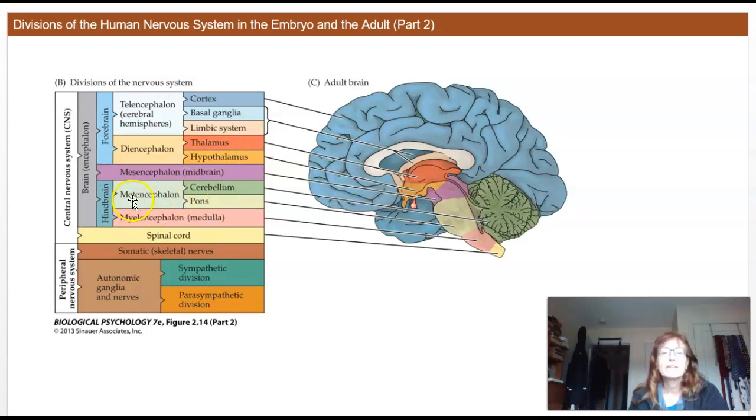And then we have the metencephalon, which includes the pons, but also includes the cerebellum. And then the myelencephalon, or the medulla. And so you can kind of see how that works. And then we can get down into this part here, the autonomic ganglia. This would be the peripheral nervous system coming from the neural crest cells, and ultimately starts to subdivide into these two divisions.